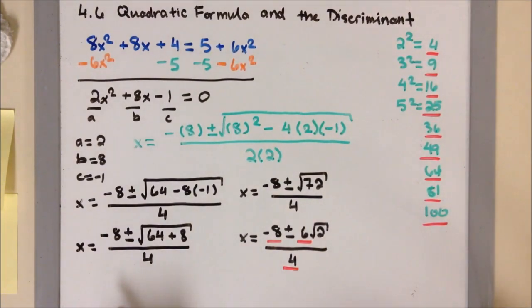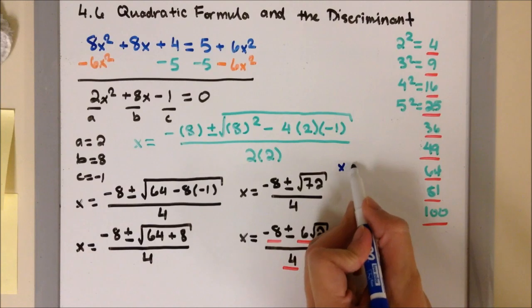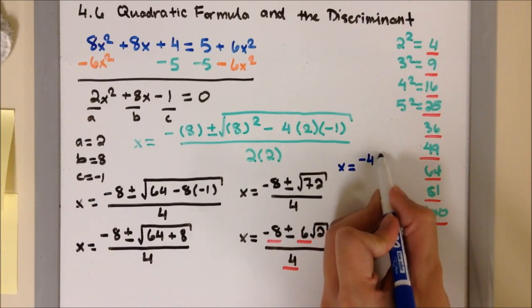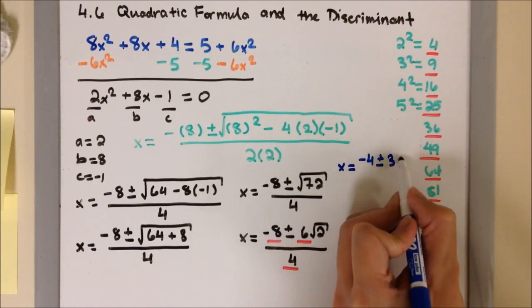So, all those numbers are even, so that means they're divisible by 2. Since they are divisible by 2, negative 8, I'm going to write it over here. Negative 8 divided by 2 is negative 4. Plus and minus 6 divided by 2 is 3. And I still have the square root of 2.